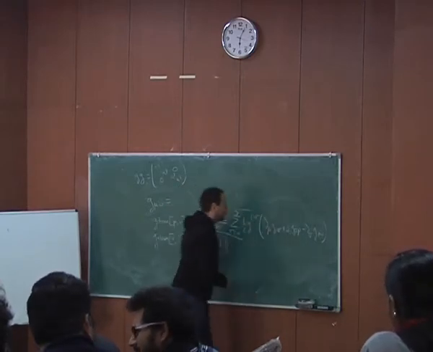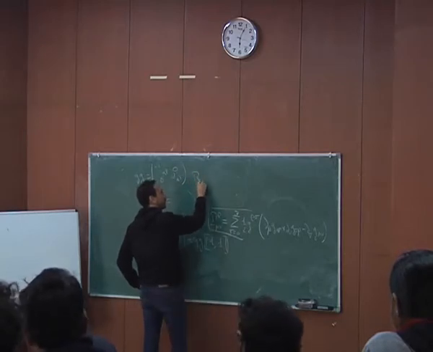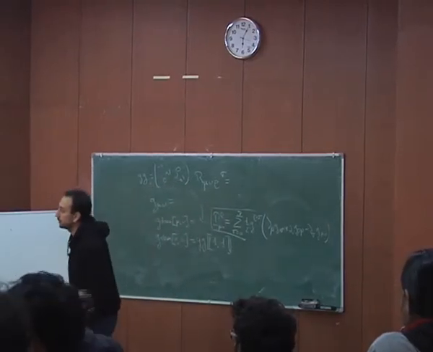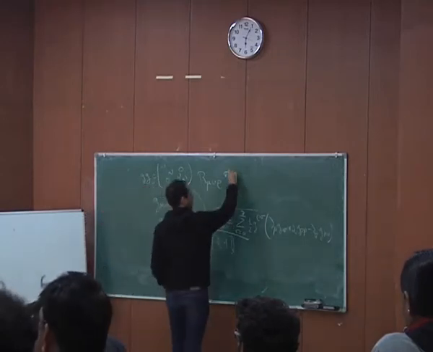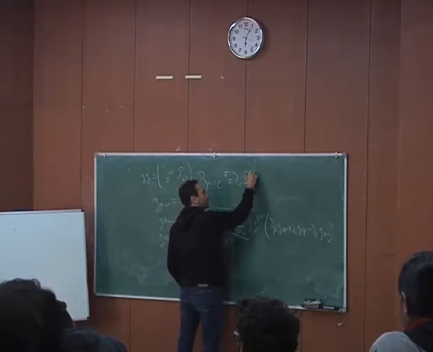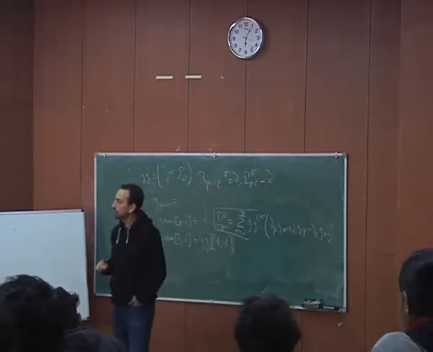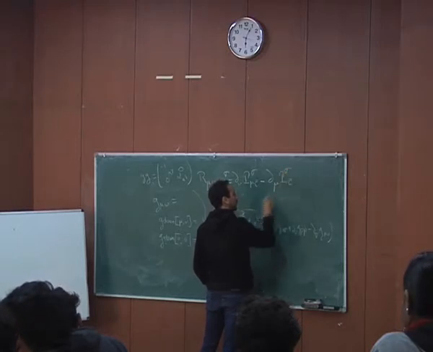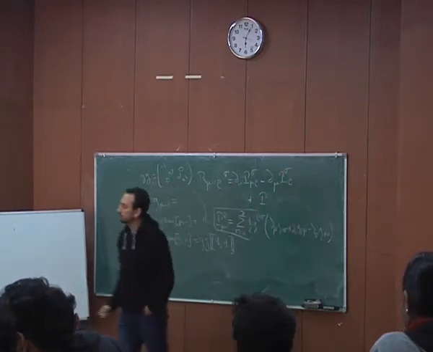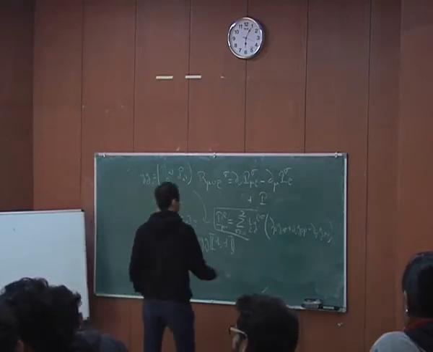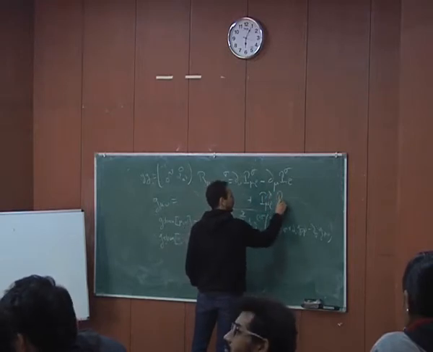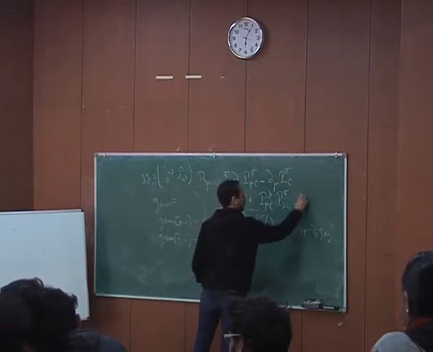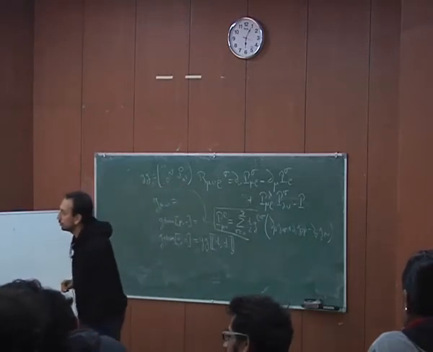But I use the book by Wald, and it says that R, mu, nu, rho, sigma, and then you just copy it, is the derivative with respect to nu of gamma, mu, rho, sigma, minus the derivative with respect to mu of gamma, nu, rho, sigma, plus gamma, mu, rho, lambda, and gamma, nu, rho, lambda.